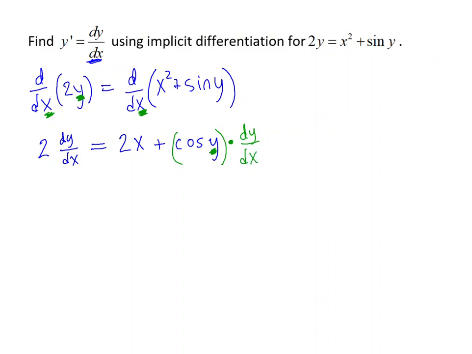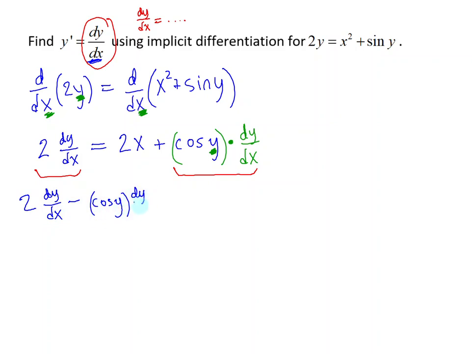Now remember, our goal is to find dy/dx. That means I want my answer to say dy/dx equals something. So I need to collect all of my dy/dx to one side, just like when I'm solving for any other variable. This has a dy/dx in it, this has a dy/dx in it, but this does not. I'll bring this over to the other side by subtracting. So I have 2 dy/dx minus cosine y dy/dx equals 2x.